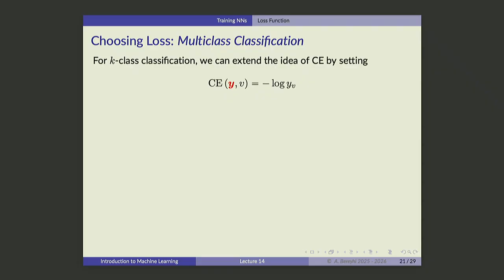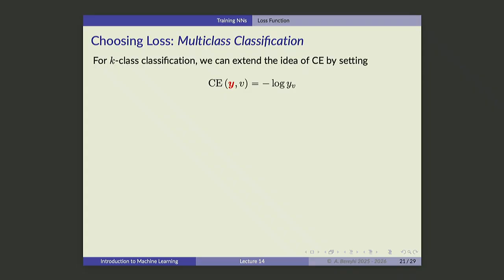Say, for example, the true class inside your data set is 1. This means that the first output is the probability that you are looking for. So y1, the first output you see in this slide, I've written here as yv, where v is the class. yv is the probability of the class you are looking for.